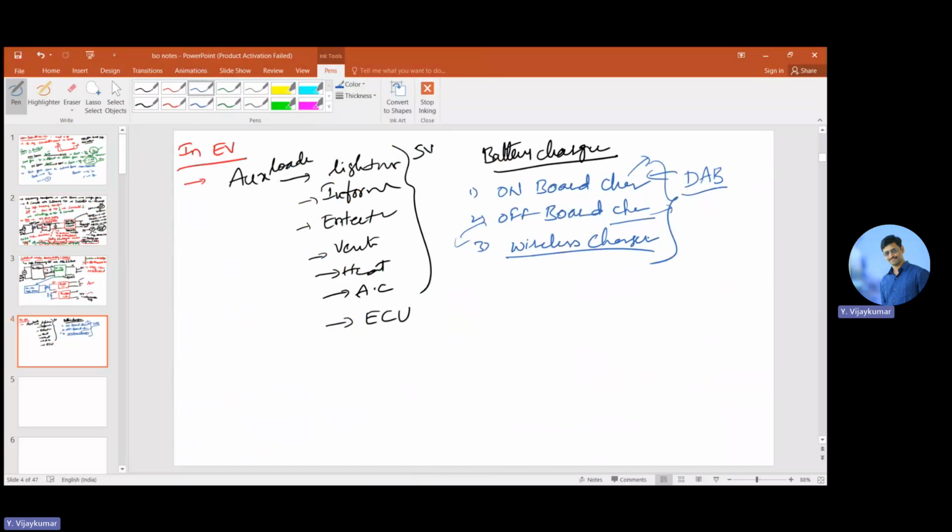Now, what are the different types of isolated DC-DC converters? Okay.